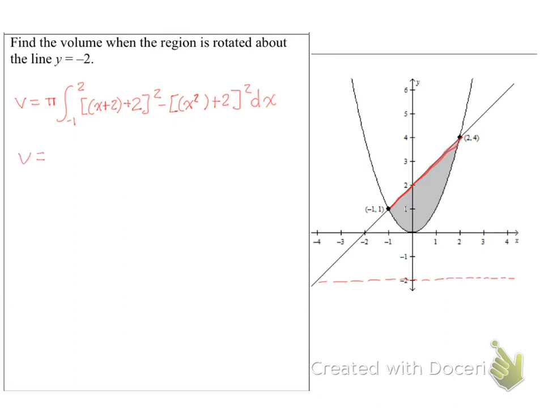If you wanted to simplify that a little more, you could. If you're good with a calculator, punch it in like that, and you should get 32.4 pi. So that's the basics of finding these volumes rotated around the x-axis.